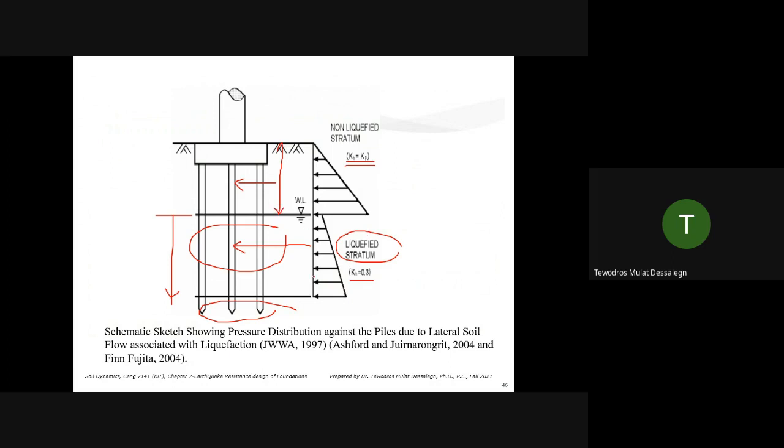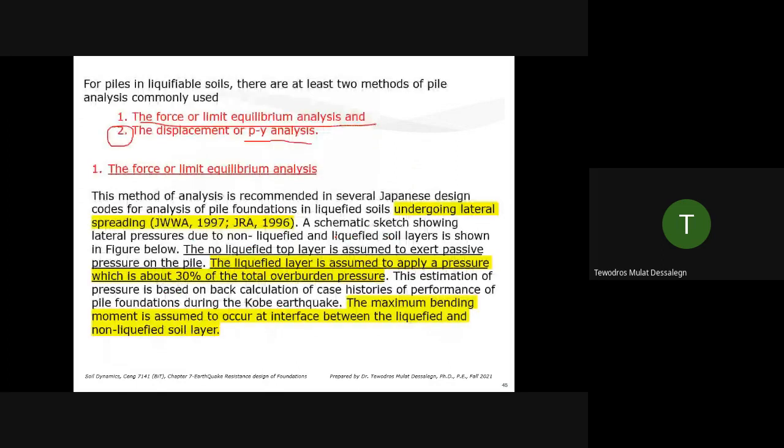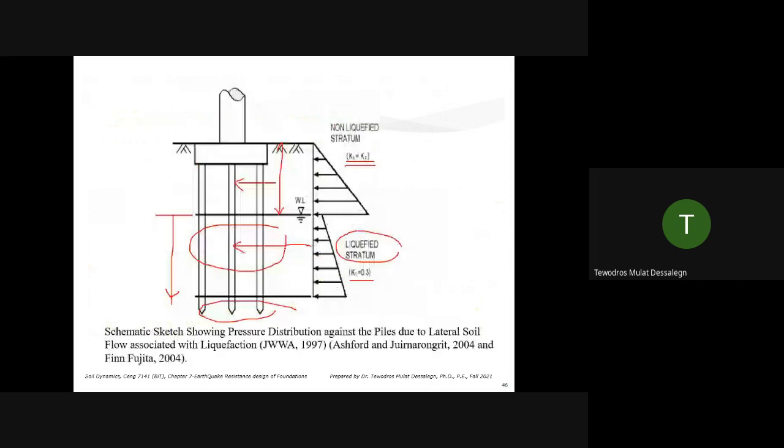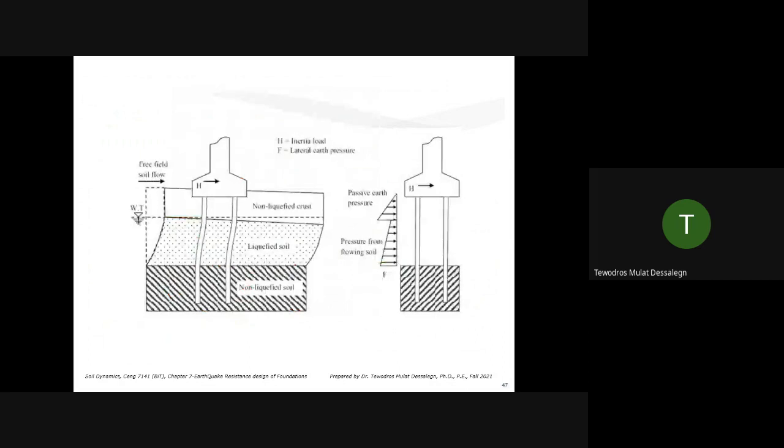In the liquefied zone, because it is liquid now, it is softer, so the lateral pressure is around 30%. That's what it does. You can go through this reading. Schematic sketch showing pressure distribution against the piles due to lateral soil flow associated with liquefaction. So you can see it.